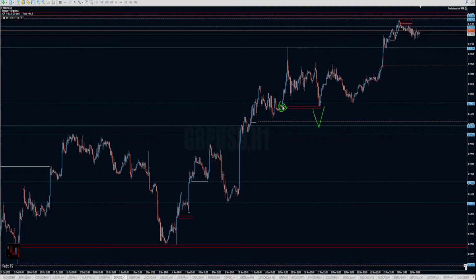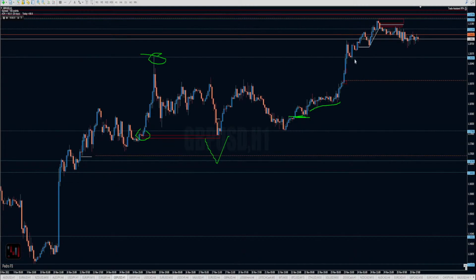Price just keeps respecting demands. If there's no break of a low, there's no break of a demand, just expect price to continue to go higher. Another demand being respected in here, as price is always creating higher lows, never breaking any lows from there. And it just continues, nice reaction, breaks the highs, respects that level.